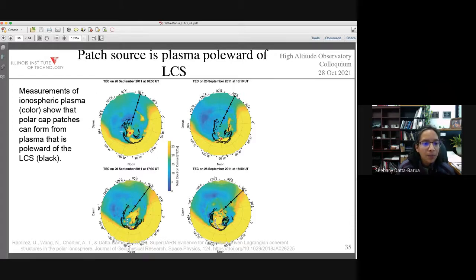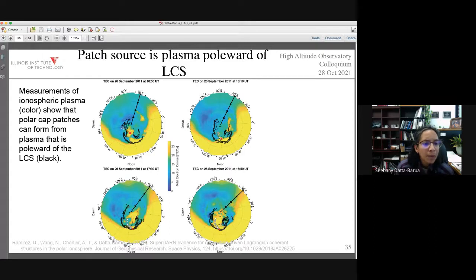And so a polar cap patch is a region of high plasma density. It's sort of identified with this red dot here. And on the edges of these, you can have various instability effects, turbulence effects. These can have impacts on communications and navigation systems that rely on radio frequency transmissions.